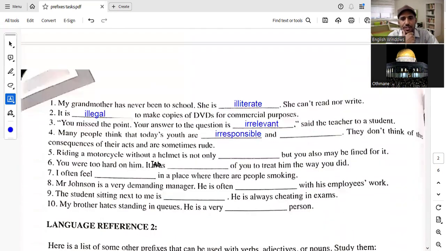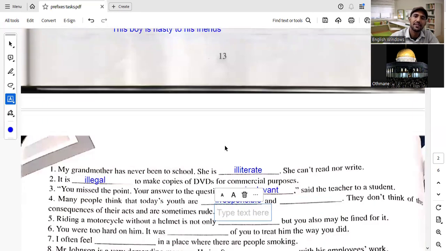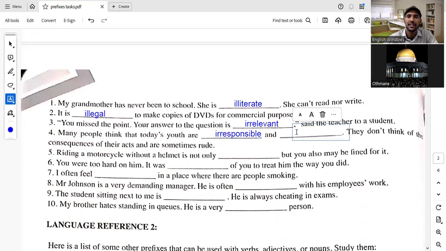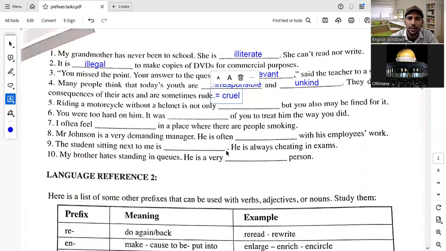That's what he wants to say here. He wants to say that they are so rude. To be rude means it's the opposite of being kind. So here it's going to be unkind. Unkind غير لطيف, it means rude. Rude or cruel, also we say cruel. قاسي المعاملة. Okay, good.